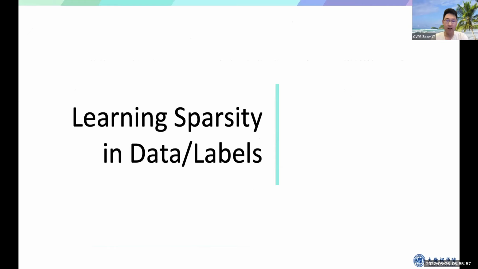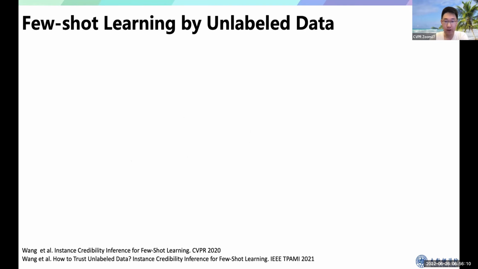Okay, let's give some detail on the first part, learning sparsity in data and label. We will give some applications. The first one starts from the few-shot learning task. I assume the audience is very familiar with few-shot learning.